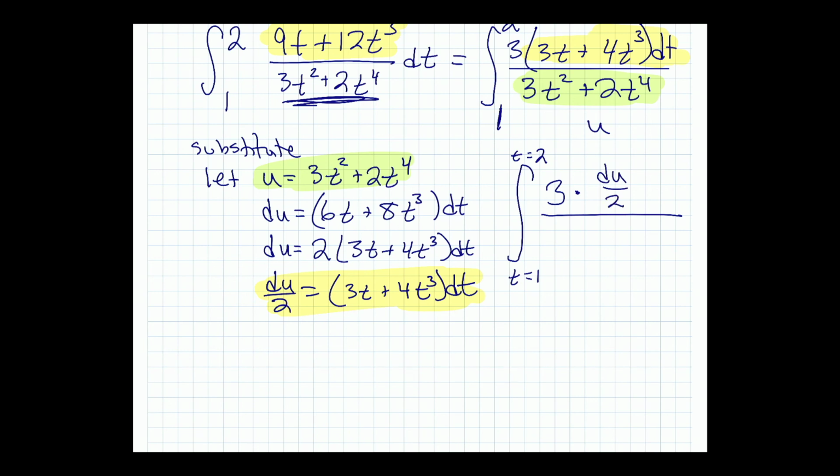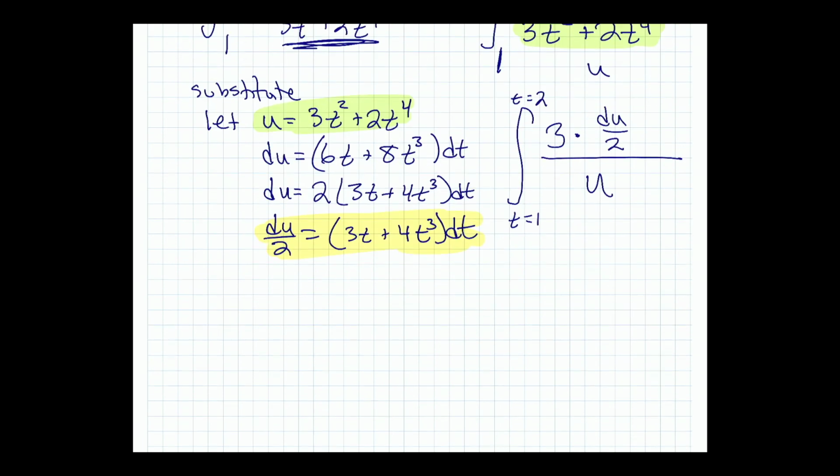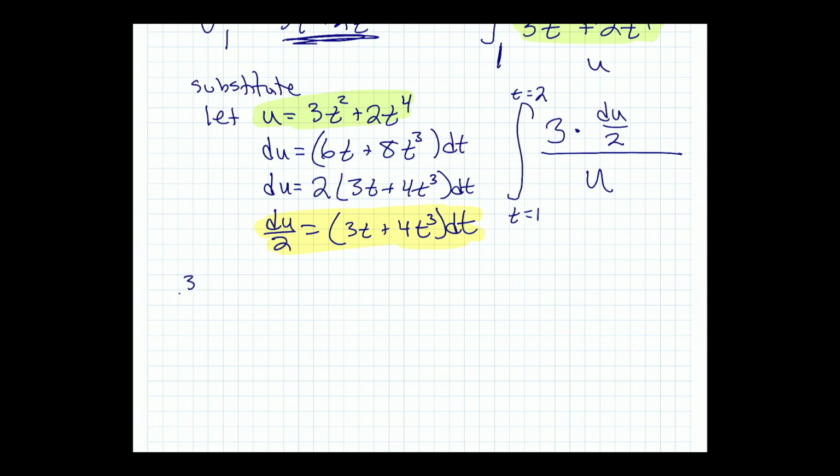And then in the denominator, we have the highlighted part in green, which is just u. So there's my integral. So my integral is just 3/2 integral from t equals 1 to 2 of du over u. Now I'm going to change the limits now.